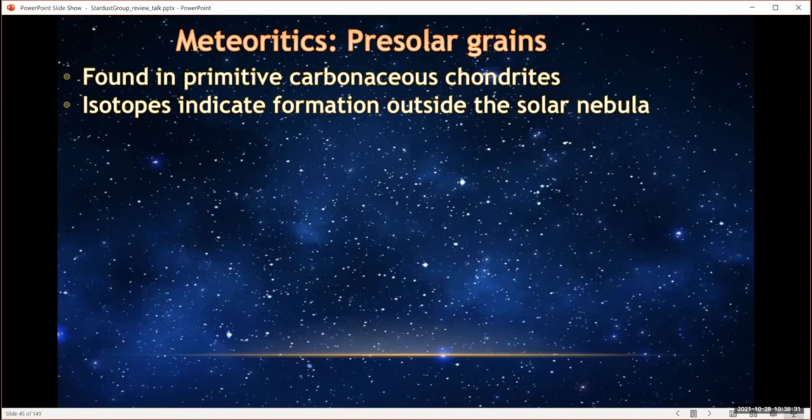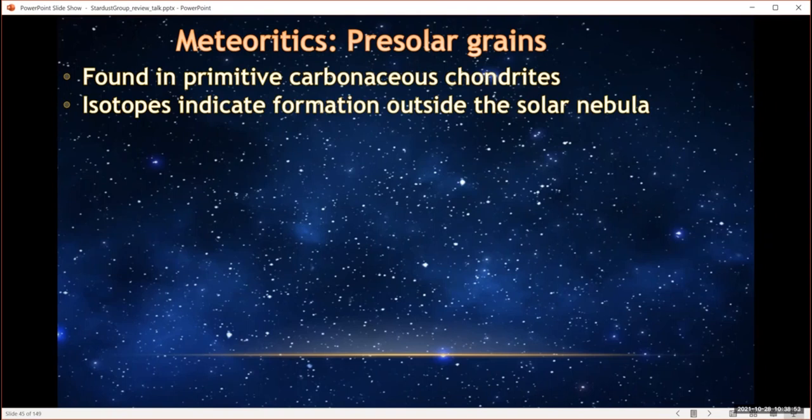To give you an example, for the solar system, the carbon-12 to carbon-13 ratio is about 90. And there are some of these grains that have carbon-12 to carbon-13 ratios of just 4. So those are places where there's a lot of carbon-13 compared to what we would expect. And it can go the other way as well and be extremely enriched in carbon-12.